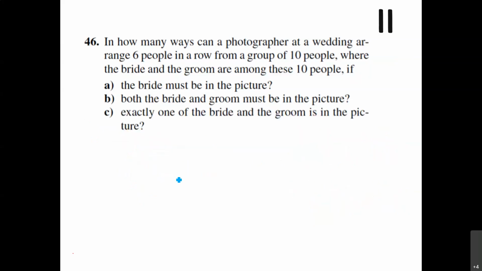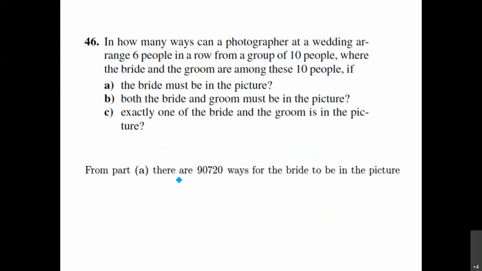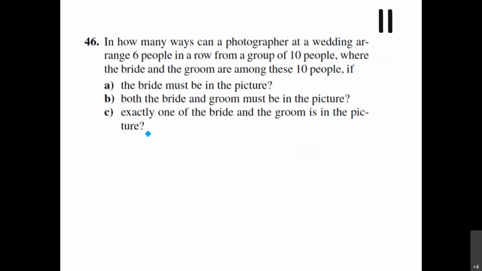Last part for this question. What if exactly one of the bride and the groom is in the picture? Okay, so exactly one. Like either the bride or the groom, but not both. I think that's what they're saying.